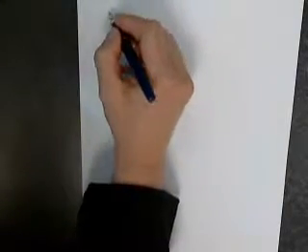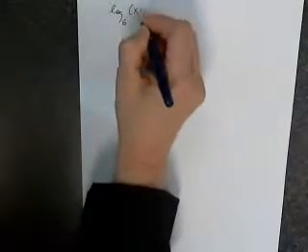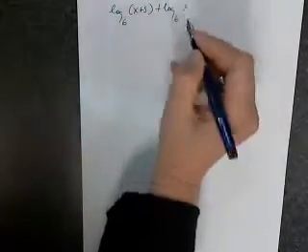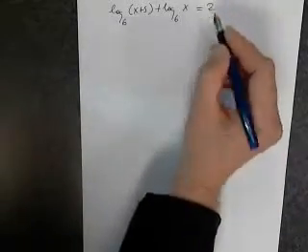Of course, this was just a warm-up type of log equation. So, for example, Problem 68: log base 6 of x plus 5 plus log base 6 of x equals 2.